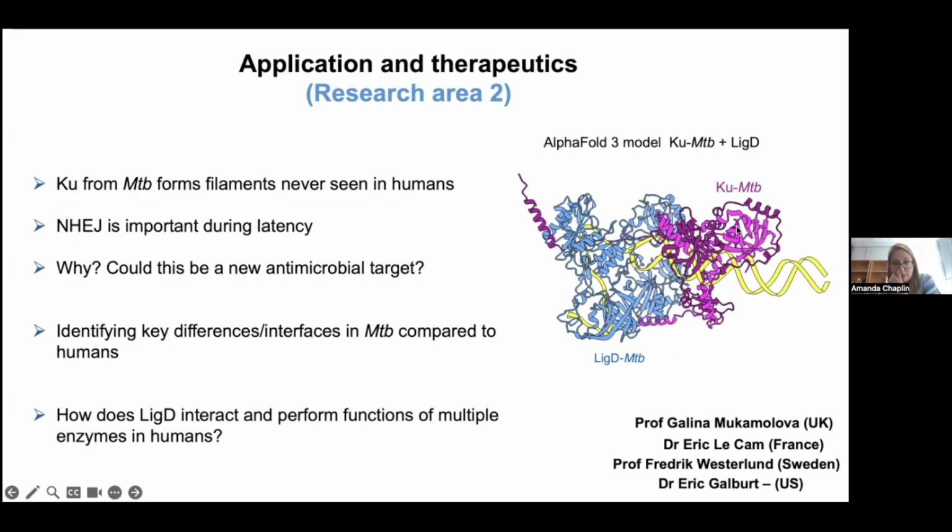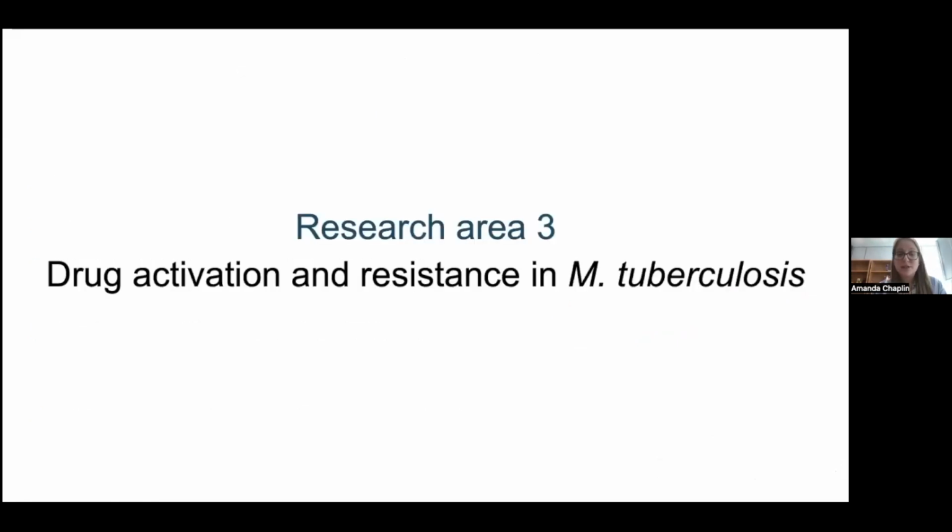Ku-MTB is shown there in the purpley pink and LigD in the blue. And there is supposed to be a specific interaction between the C-terminal part of Ku with LigD. But this still needs more data and more information to help us understand more about what's actually happening in DNA repair in MTB.